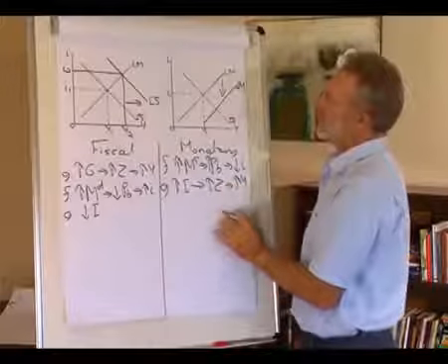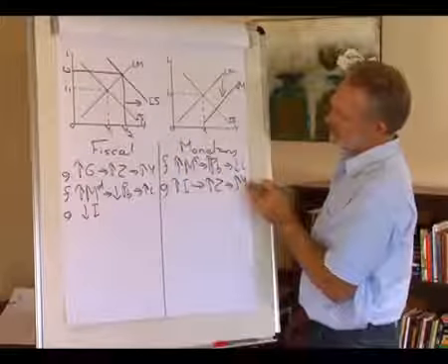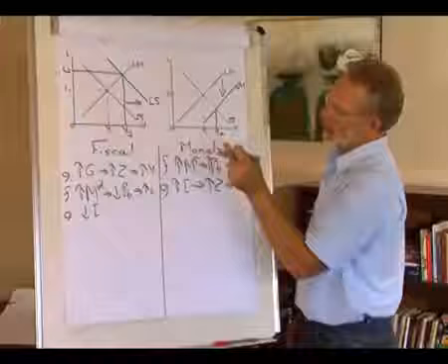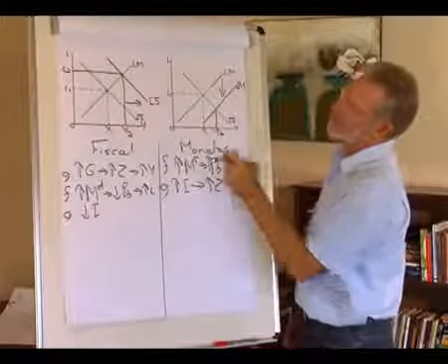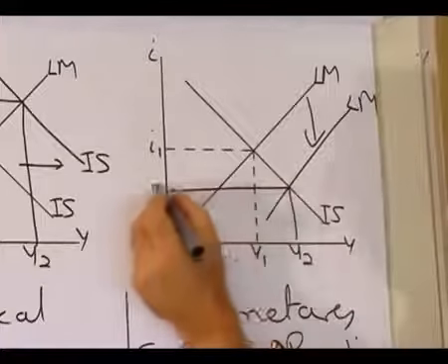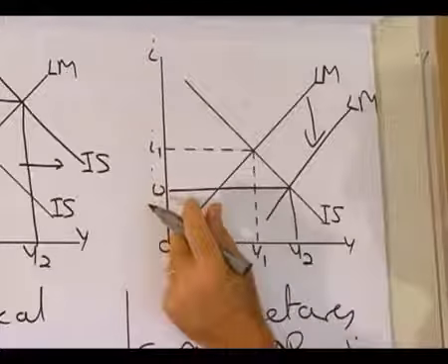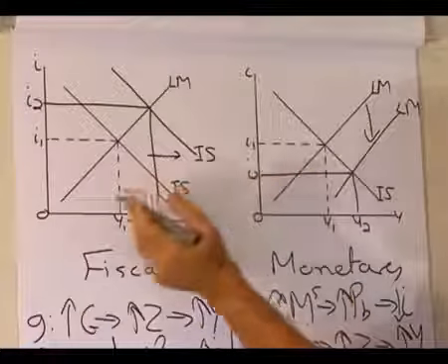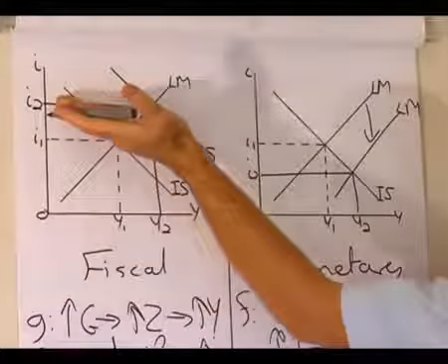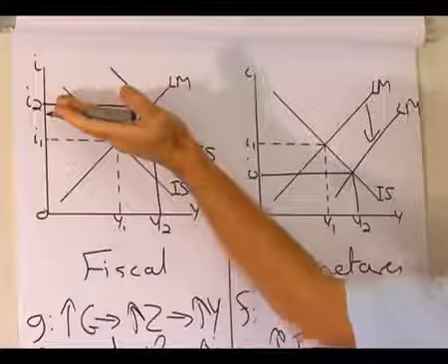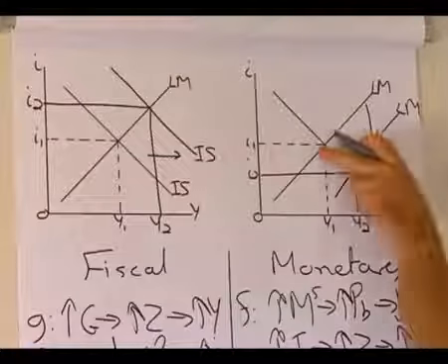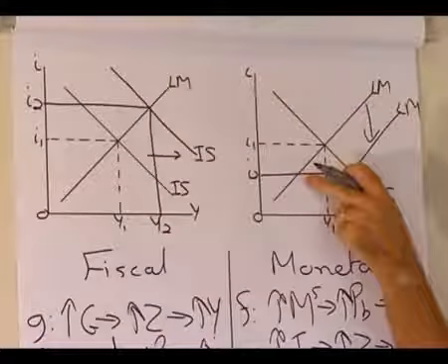So with monetary policy, the level of production increases to Y2, and the interest rate decreases from I1 to I2. So with fiscal policy, we see level of production increase and the interest rate increase as well. But with monetary policy, we have an increase in level of output, but the interest rate decreases.